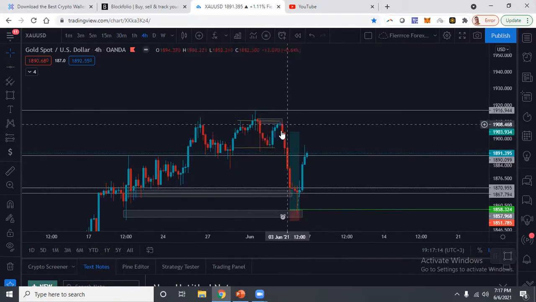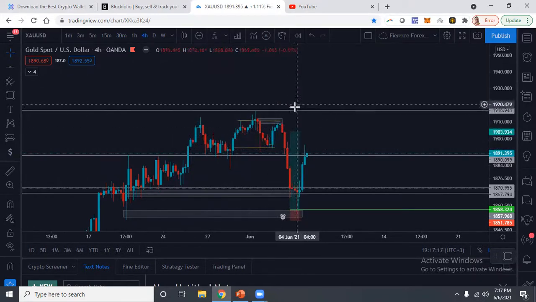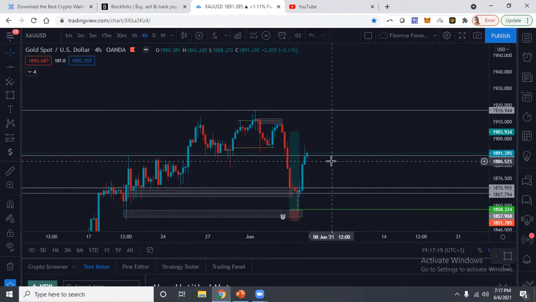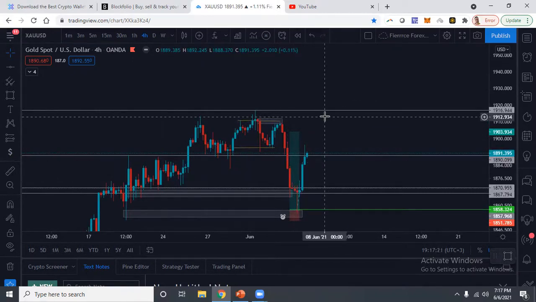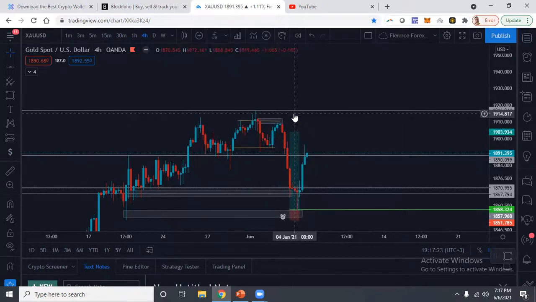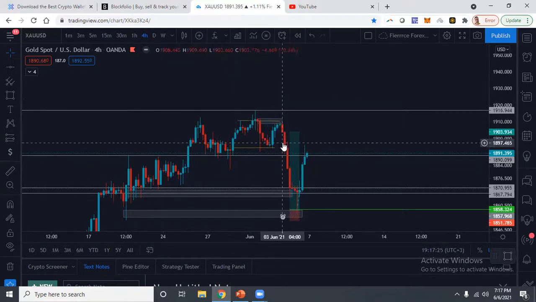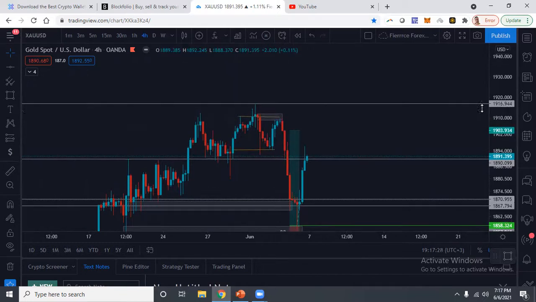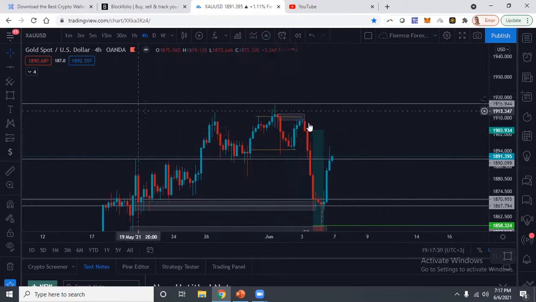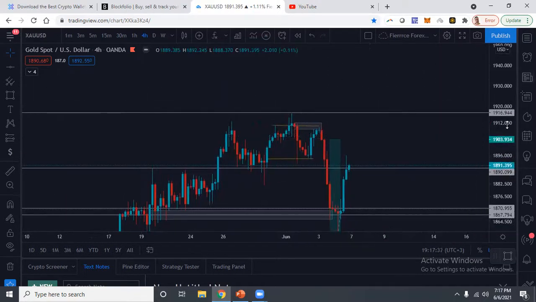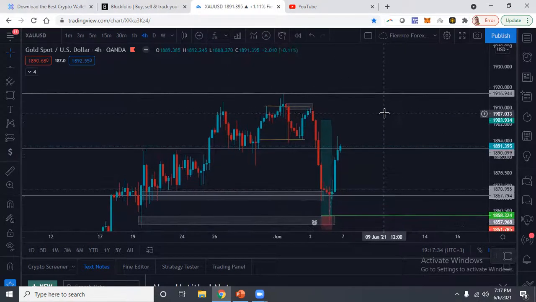Actually, initially I thought that gold would break and get to the 1912 level last week, but then it formed a bearish engulfing candle, signifying that some institutional traders were coming into play, and then it dropped.